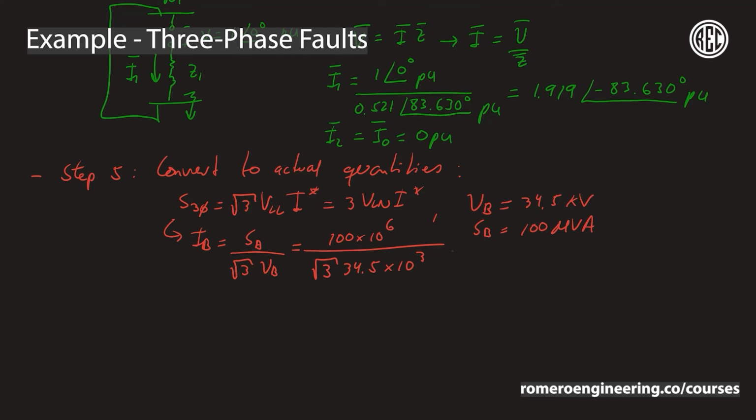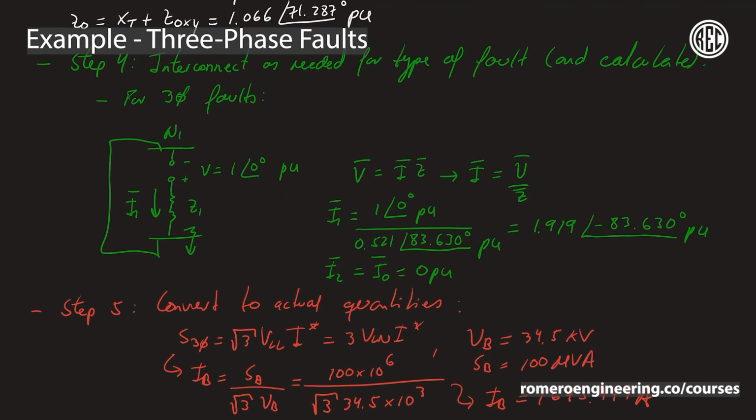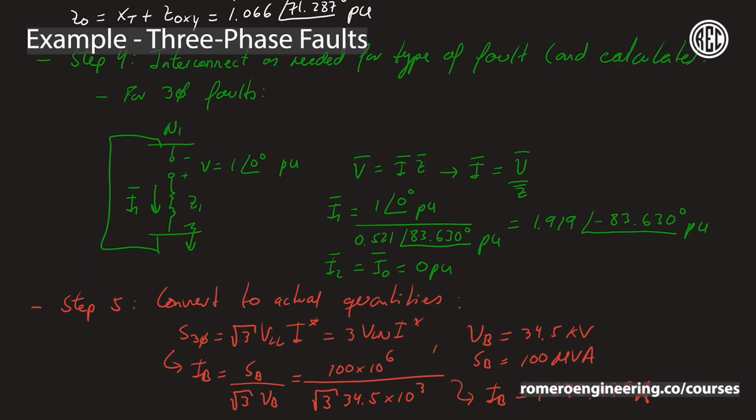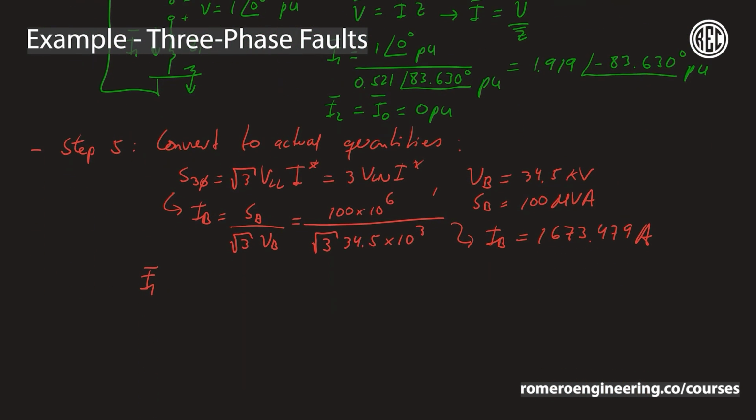So we get from this equation that the base current, and that's actually not a phasor, is equal to 1673.479 amps.